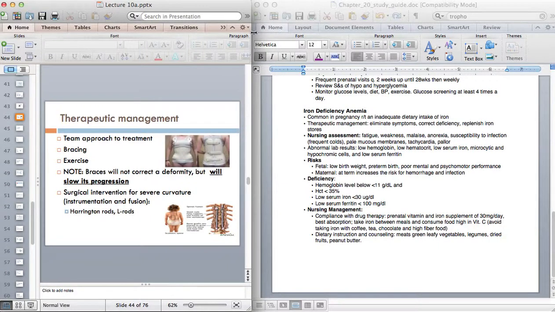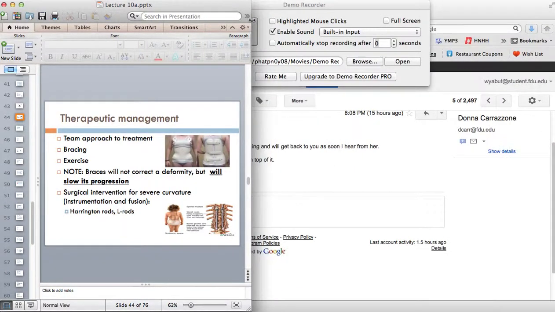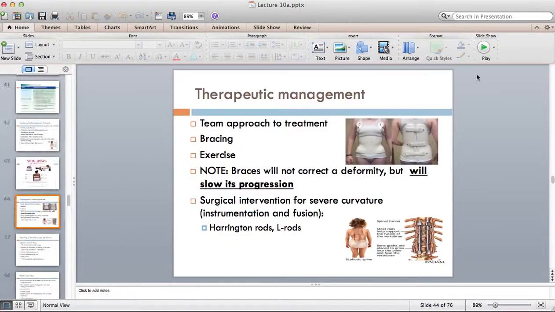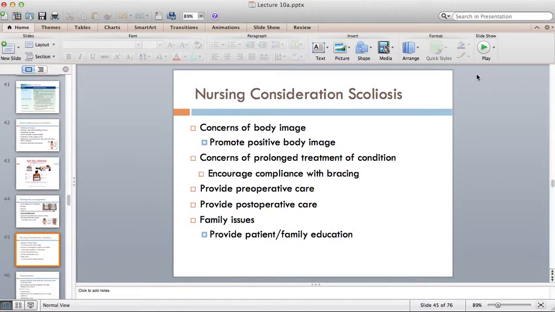Okay. But surgical intervention is indicated for very severe curvature, when the curvature is above 50, between 40 and 50 or more degrees. So they'll have to do the spinal fusion.